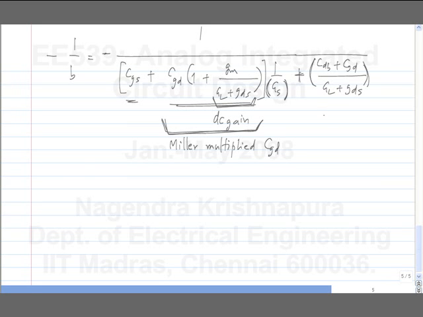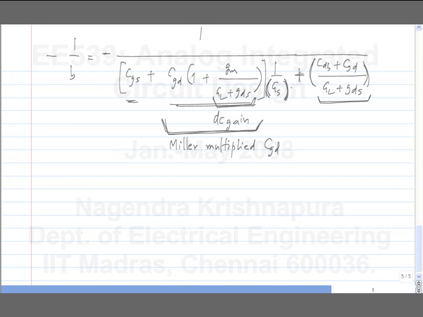In that case you will have only the part due to GS and this will go away. So one of the poles is, roughly speaking, GS divided by CGS plus Miller multiplied CGD.